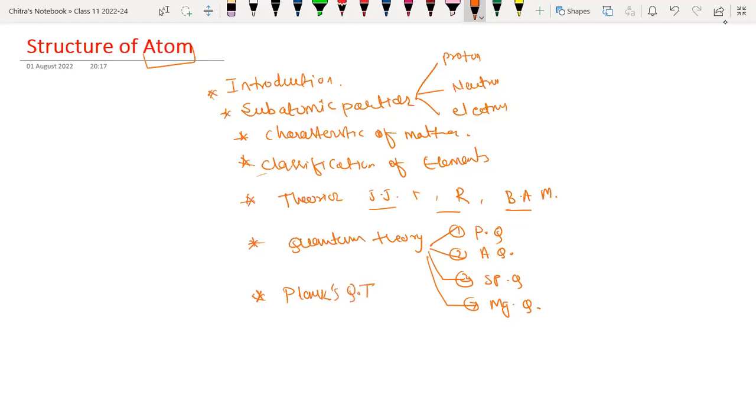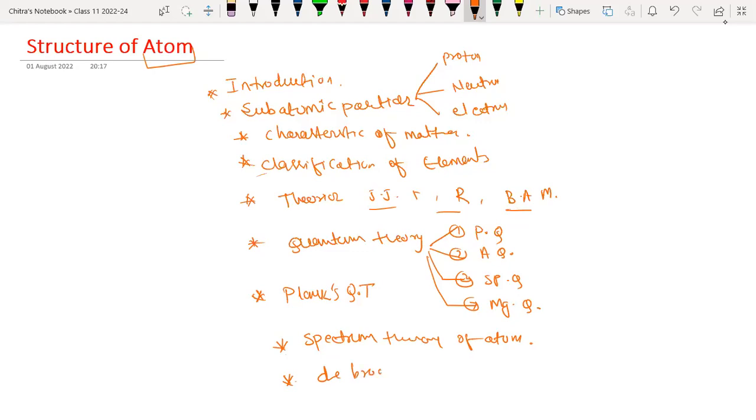We will discuss that, and then we will discuss the spectrum theory of atom. Here we have many series given by Balmer, Lyman series, etc. Then after that we will discuss de Broglie's principle.